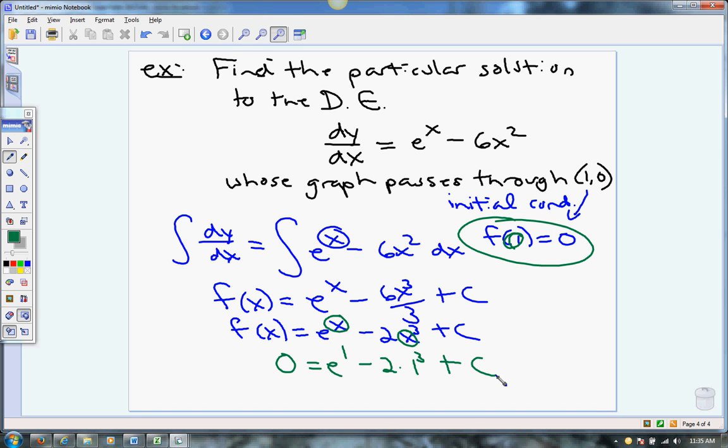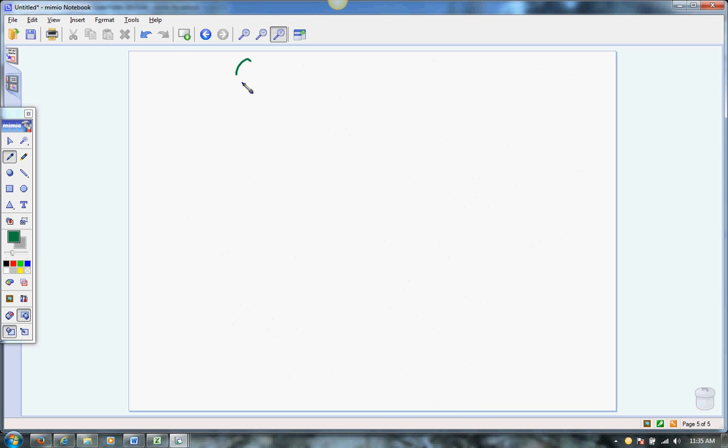This is going to be 0 equals e minus 2 plus c. And we want to solve that for c, right? So 0 equals e minus 2 plus c. I'll subtract e, and I'll add 2. So it looks like c equals 2 minus e.